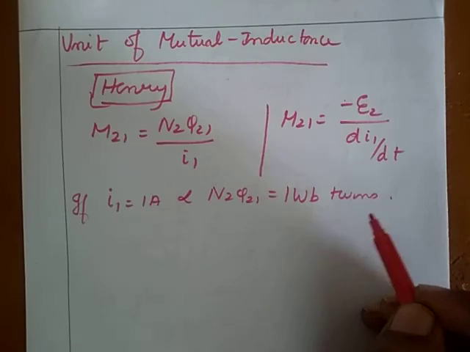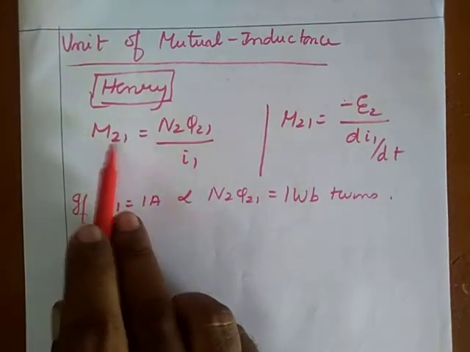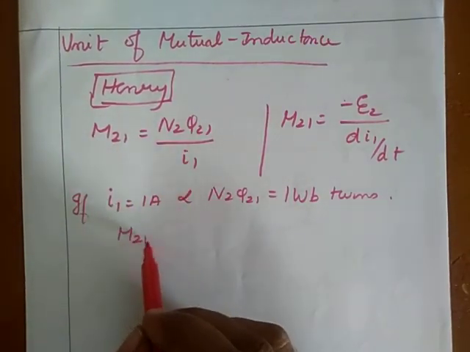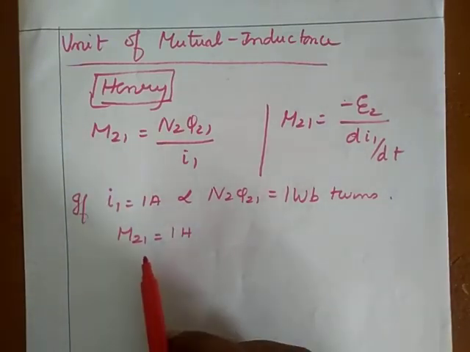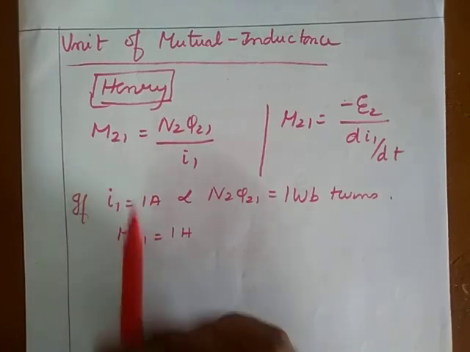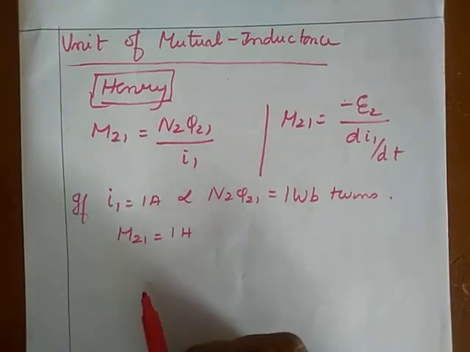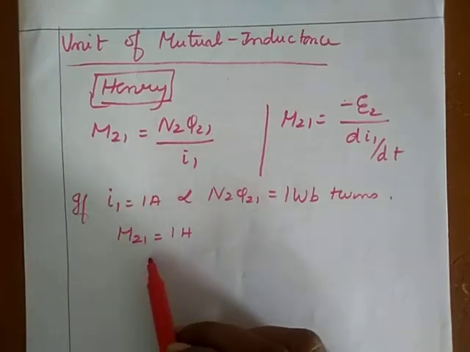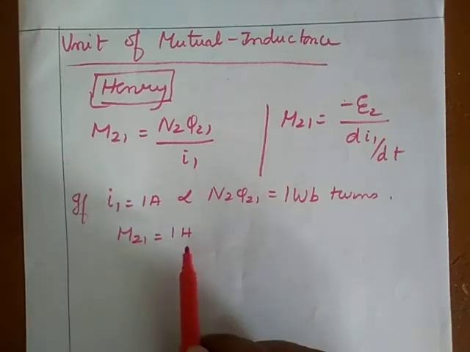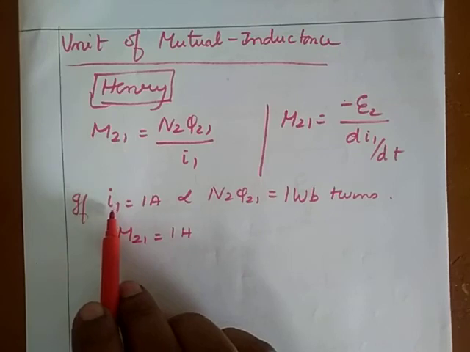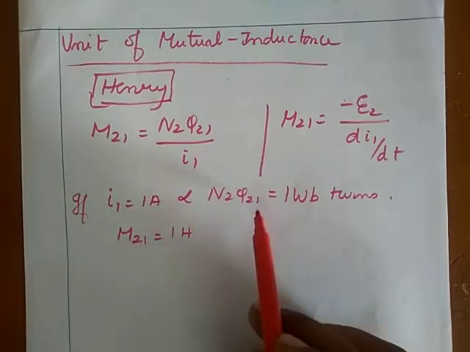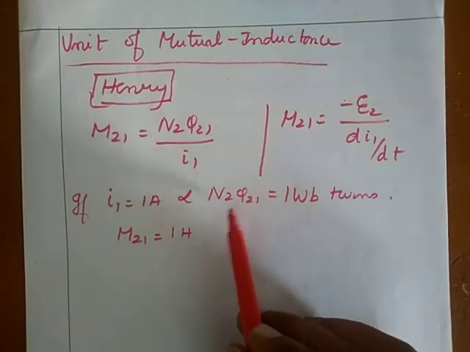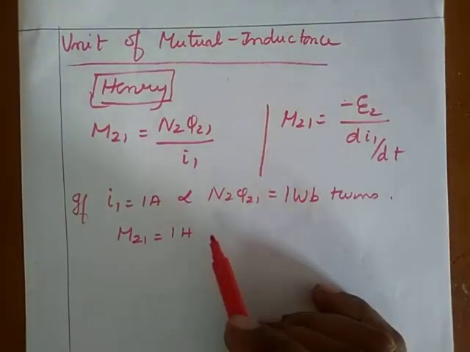For this case this equation became M21 is equal to 1 Henry. We can define this unit as, the mutual induction between the two pairs of coil is said to be 1 Henry if the current of 1 ampere in one coil produces unit flux linkage in a neighboring coil. Okay, it is an easy one.